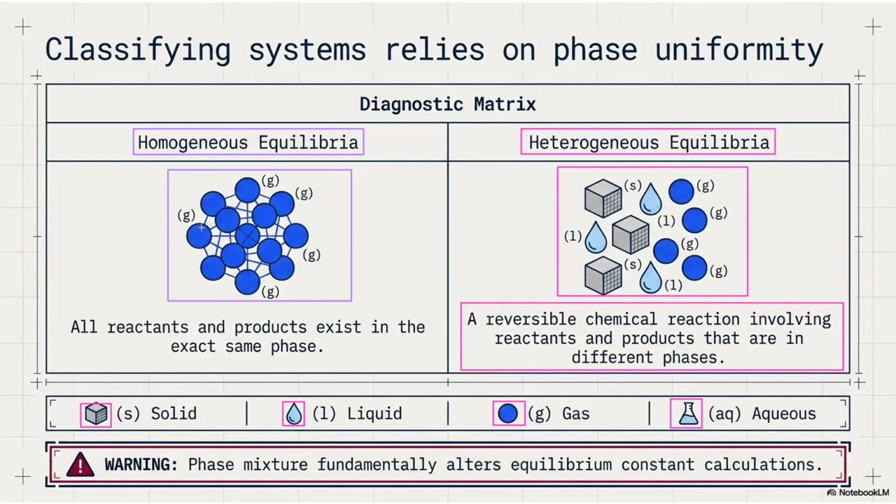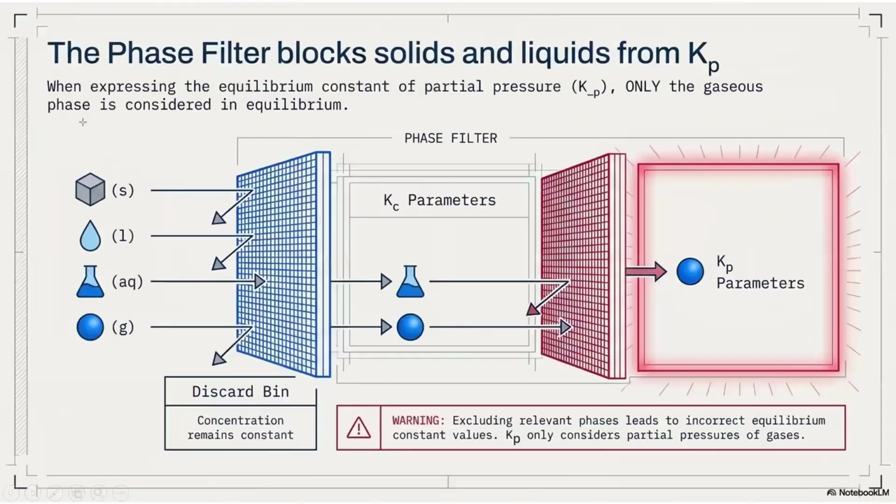Okay, so when we want to express Kc and Kp, we have to apply certain filters. Let's say originally you have the four states of matter, which are solid, liquid, aqueous, and gas.